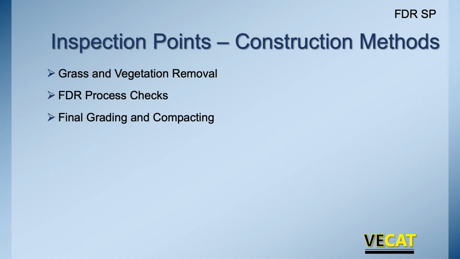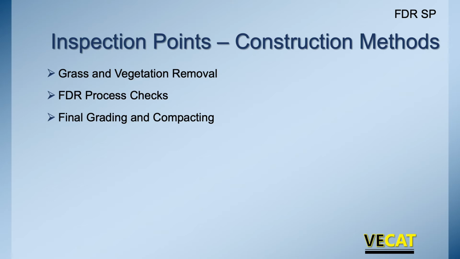So what are the things, again, that you need to be checking for? Are we not putting any grass and vegetation into that FDR material? Are we looking at all the processes from beginning to end, starting at that trial section all the way through to the last part of that full production?